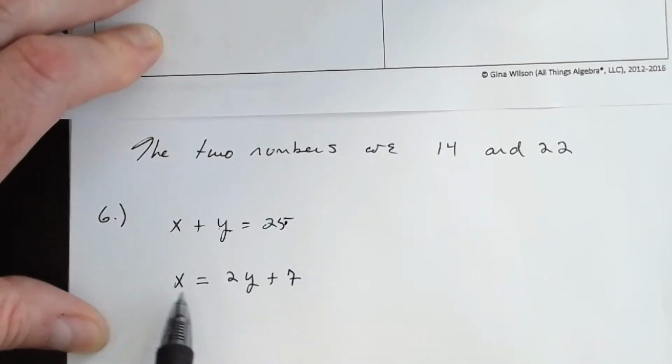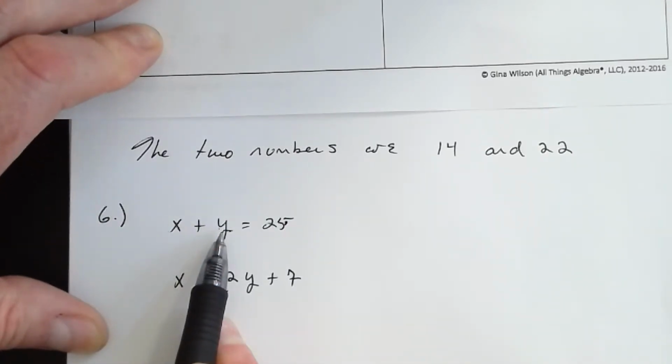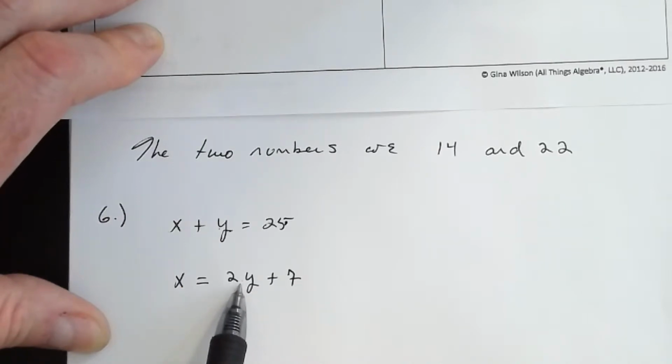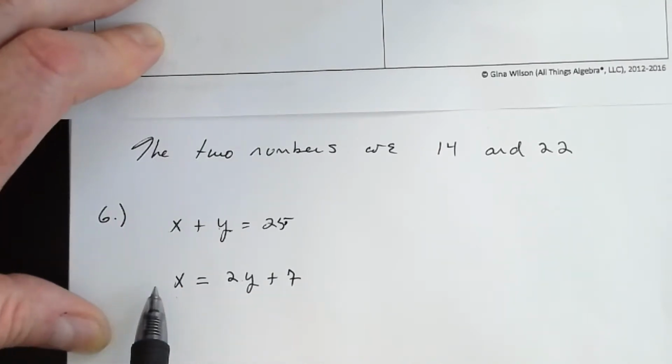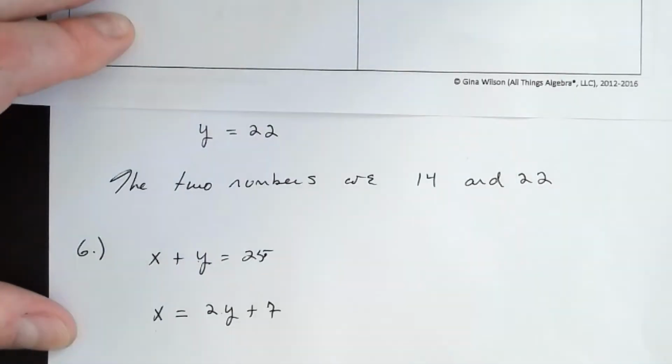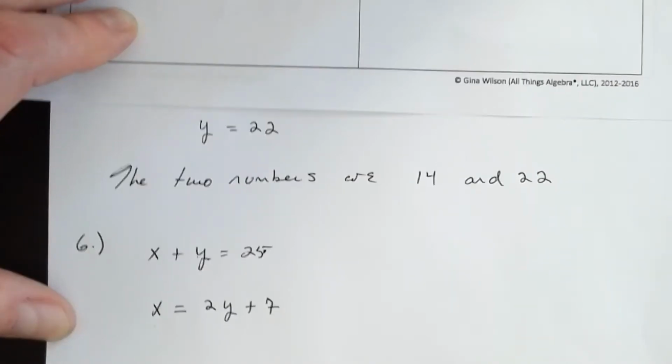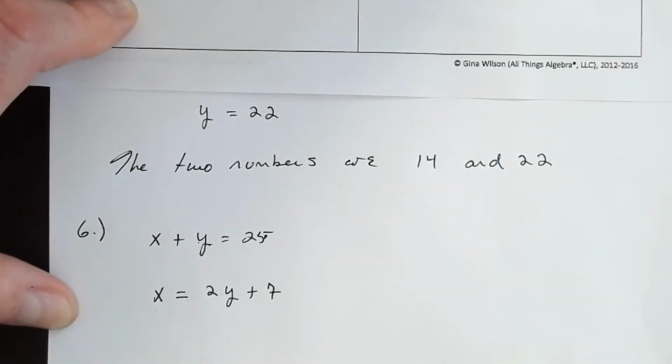So we can substitute this directly into the first equation now, right? Or do we subtract the 2y and then use elimination? Do you want to use the method of substitution, or do you want to use the method of elimination? This is set up directly for substitution. Because if we were to use elimination, we would have to move the x to the left side, move the y to the left side, and then add them up and then use elimination.